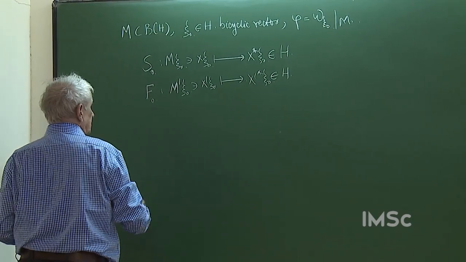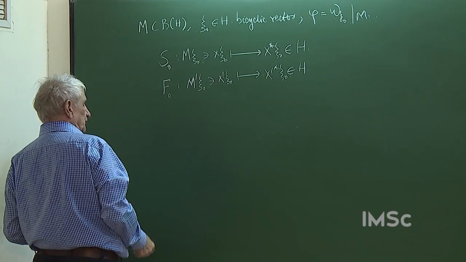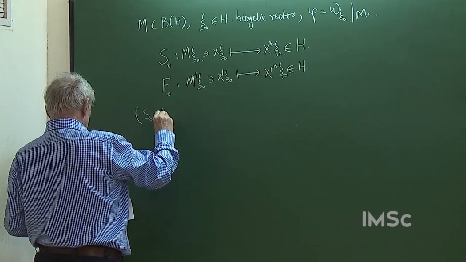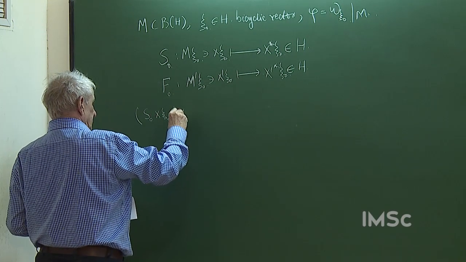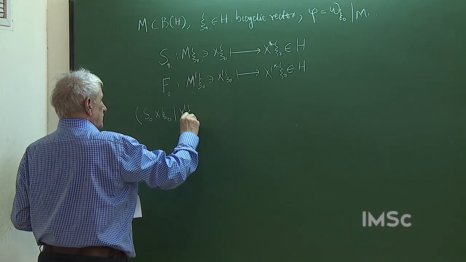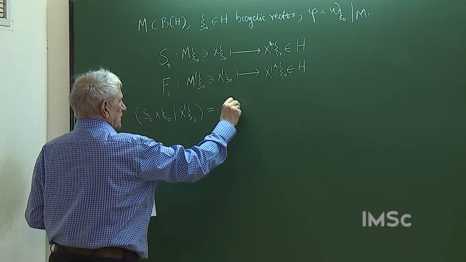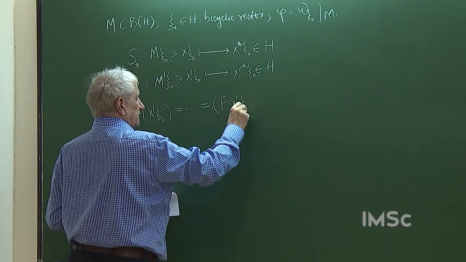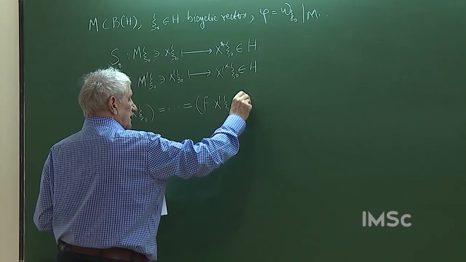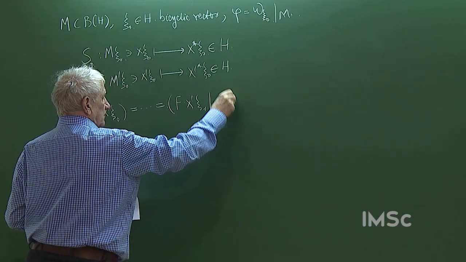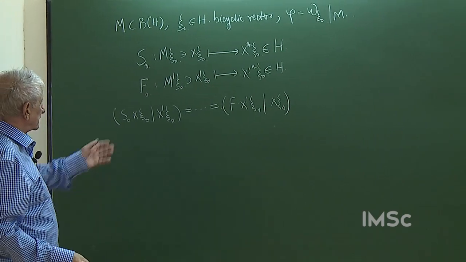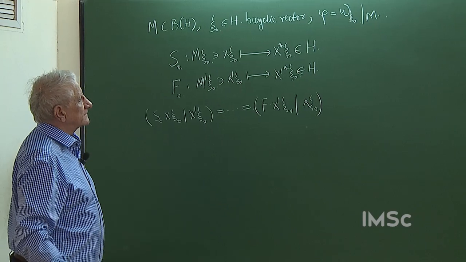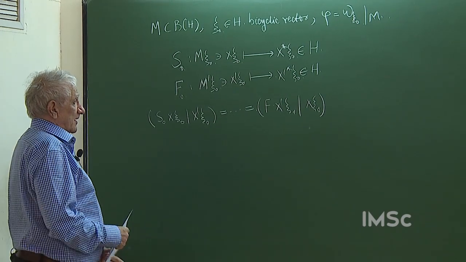And then we saw already the following computation: ⟨S₀xψ₀, x′ψ₀⟩ is equal to ⟨F₀x′ψ₀, xψ₀⟩. It's obvious, since here you have an x* and here you have x′*, and x and x′ commute.